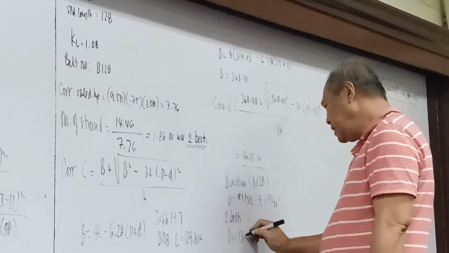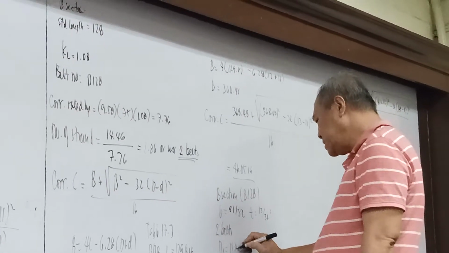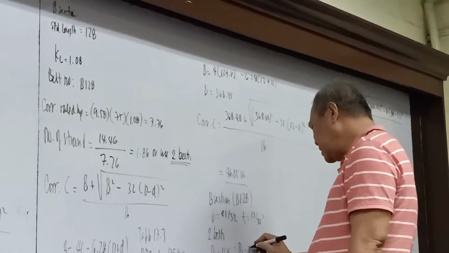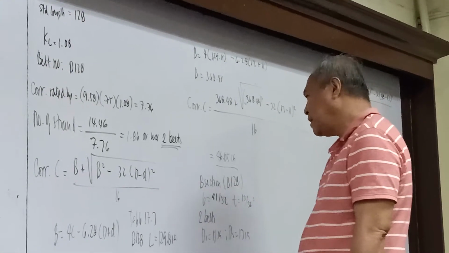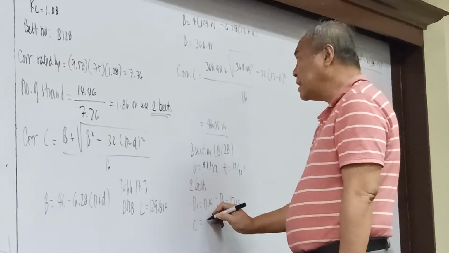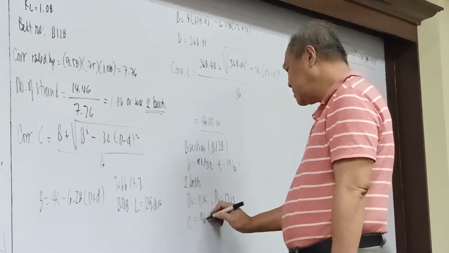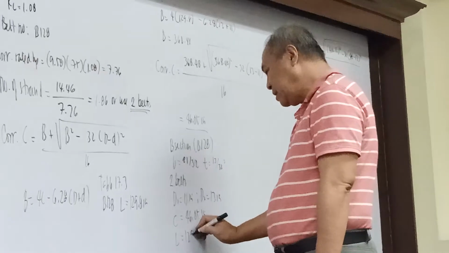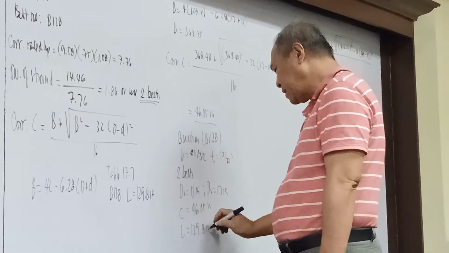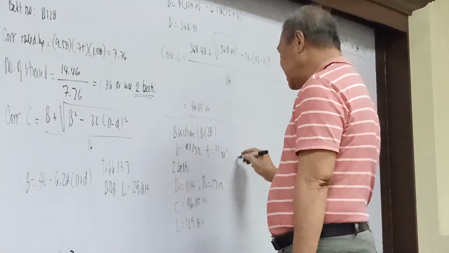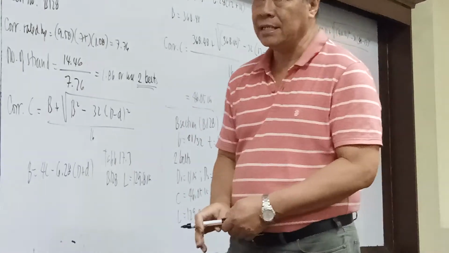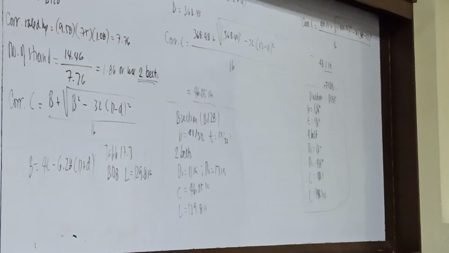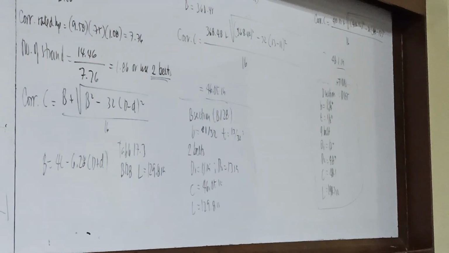D1 is 11 inches. Dito 13 inches. Centerline distance is what? 46.05. Length of 129.8. Okay? So, ito yung pinaka-specs ng V-belt.